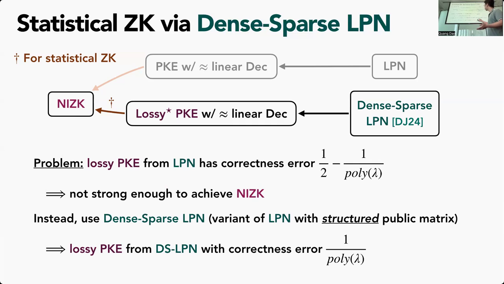But with Dense-Sparse LPN, the key point is that with this new variant, we can achieve better control over the error buildup. And so the final error is only 1 over poly of lambda, and that is enough to plug into the template. Okay. So maybe the first line is lossy PKE from LPN.